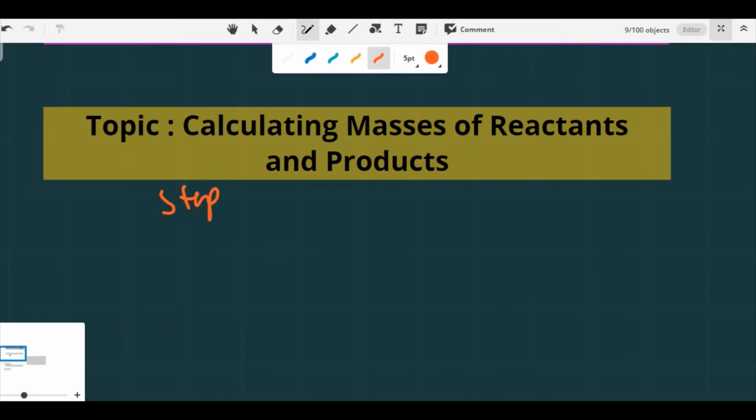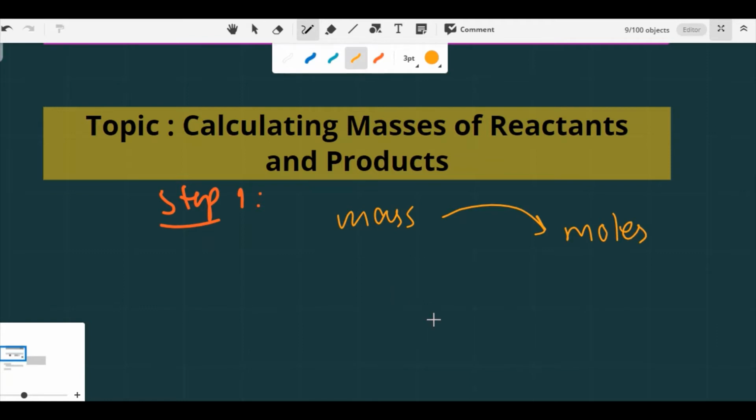For example, I am going to write step 1. The first step is to convert the mass that is already present, that is the given mass, which may be of the reactant or of the product, into moles.